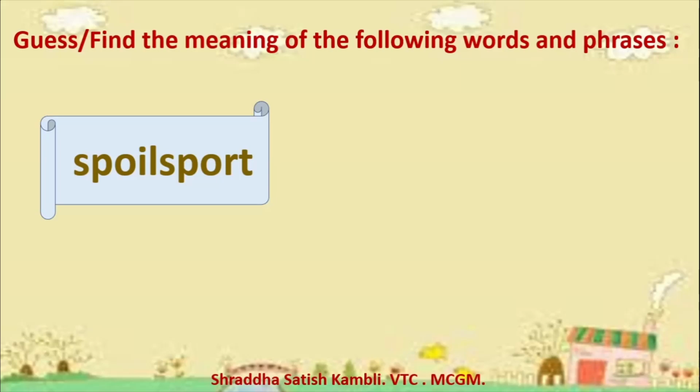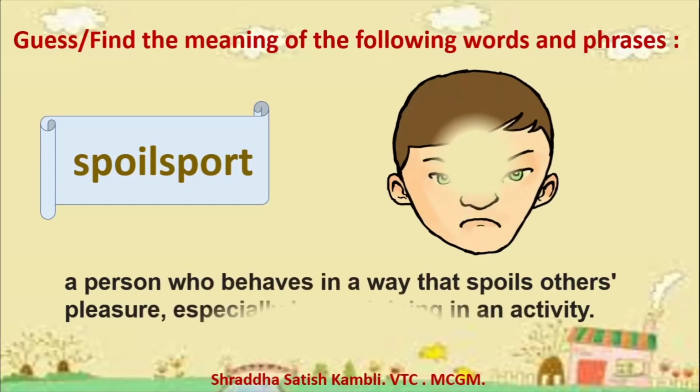So which is the first word they've given us? It is spoil sport. So who is a spoil sport? A spoil sport is a person. So who is that person? A spoil sport is a person who behaves in a way that spoils others' pleasure, especially by not joining in an activity.